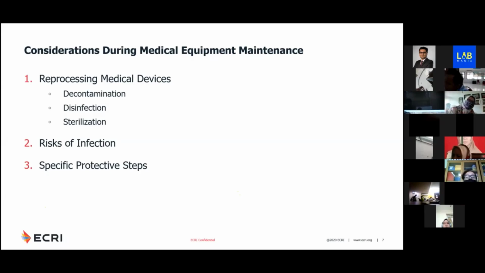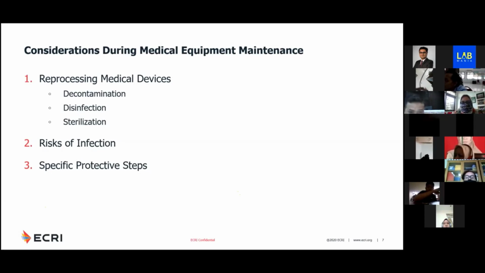But when you talk about disinfection, disinfection is a bit of a higher level step. After cleaning and rinsing perhaps the medical device, you may want to use a disinfectant solution. For example, it could be glutaraldehyde, it could be isopropyl alcohol, or any ammonium compounds, all the right solutions in the correct concentrations. And you apply this to the medical device.